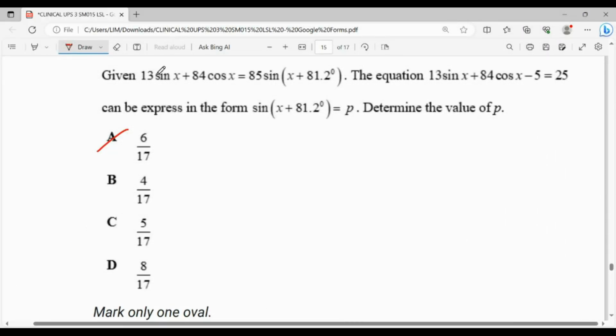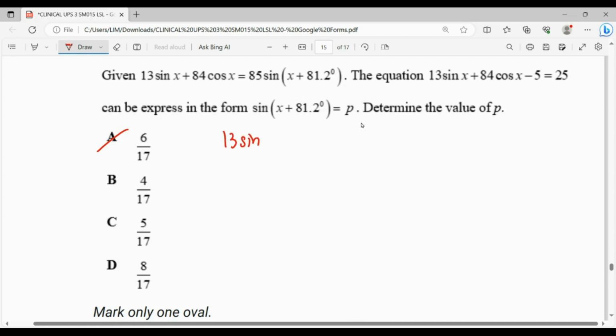So given that 13 sine x plus 84 cos x minus 5 equals 25 can be expressed in the form of sine of (x plus alpha) equals p. Determine the value of p.